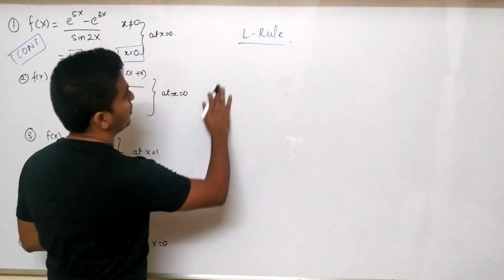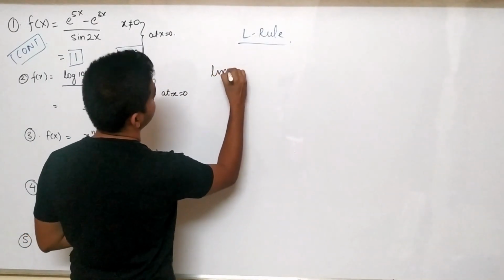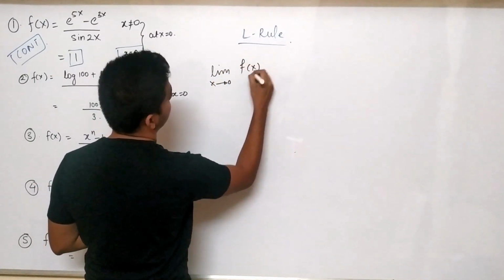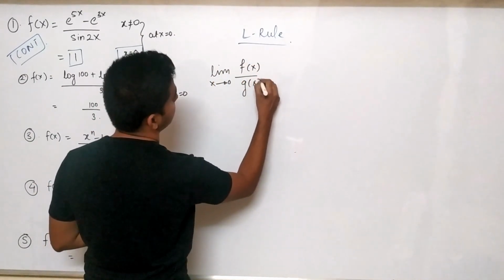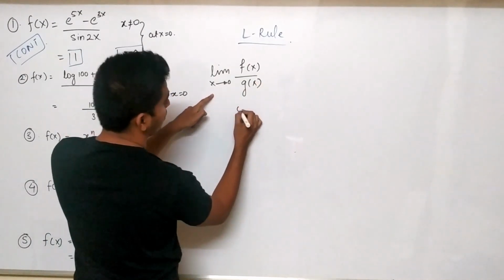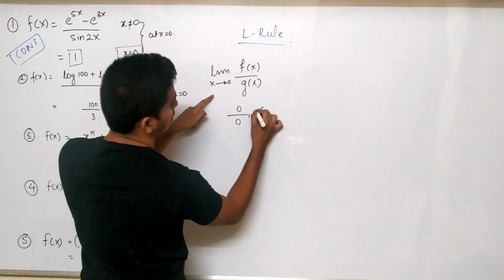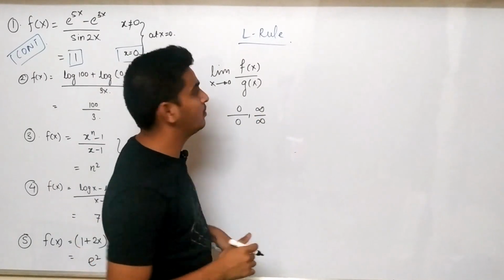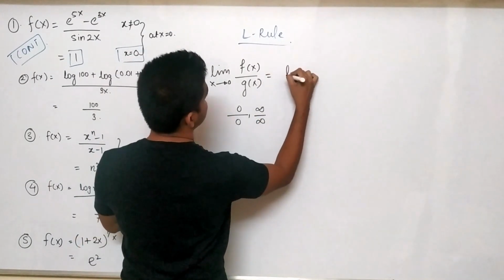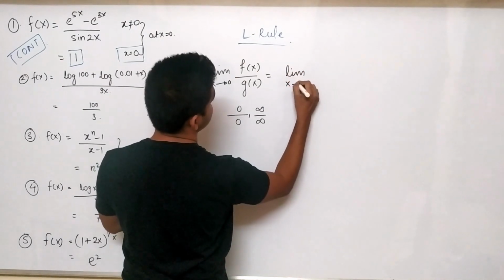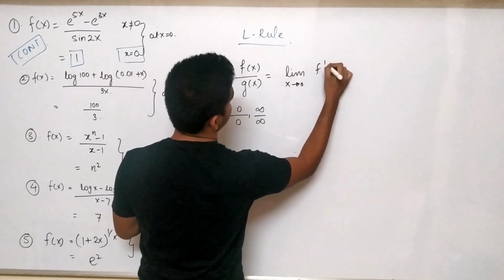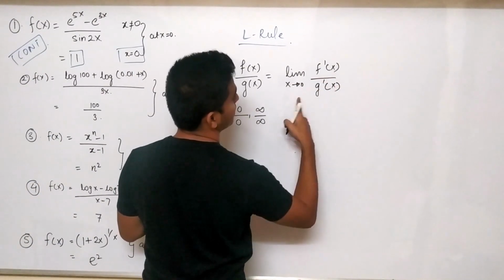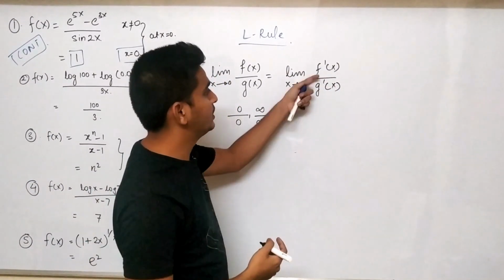So what L'Hopital's rule says is, when the limit x tends to 0 of any function f of x upon g of x is given, if this function is of the form 0 upon 0 or infinity over infinity or any indeterminate form, it is always equal to the limit x tends to 0 of f dash of x, which is the derivative, upon g dash of x, which is also the derivative of g.